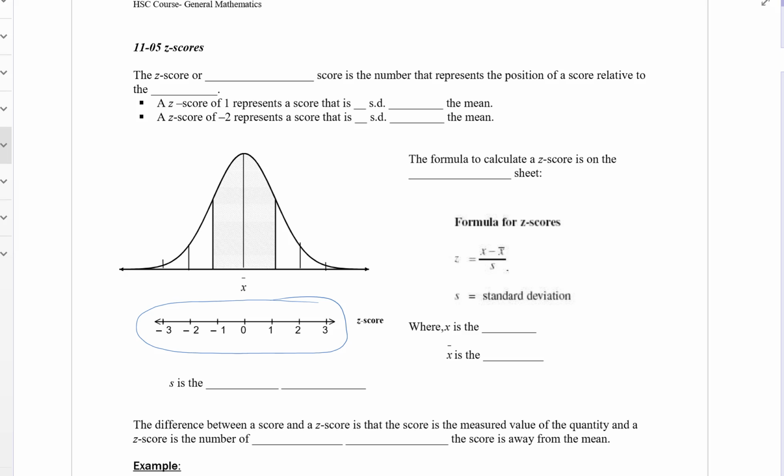1106, comparing results. And you will remember me doing an example on the board where I talked about an English result and a maths result, with the average the same.